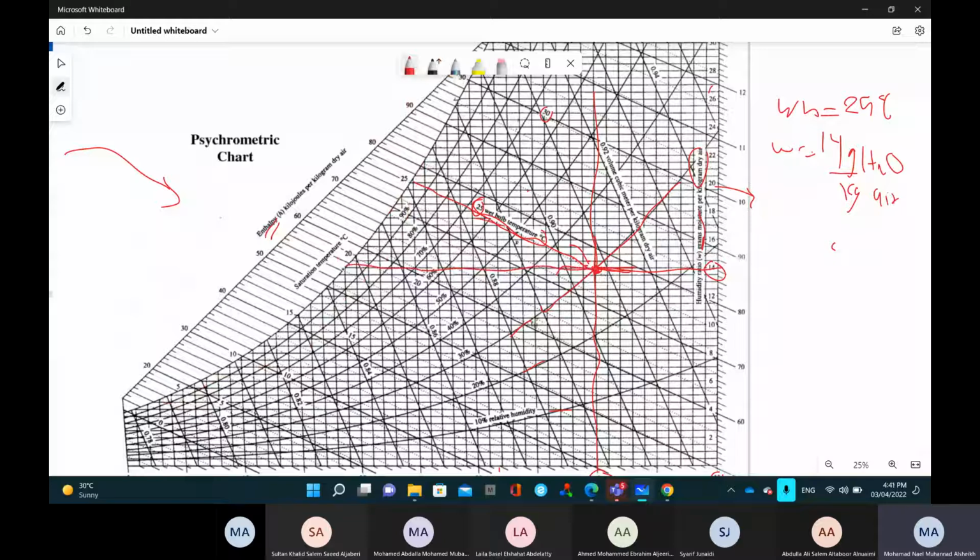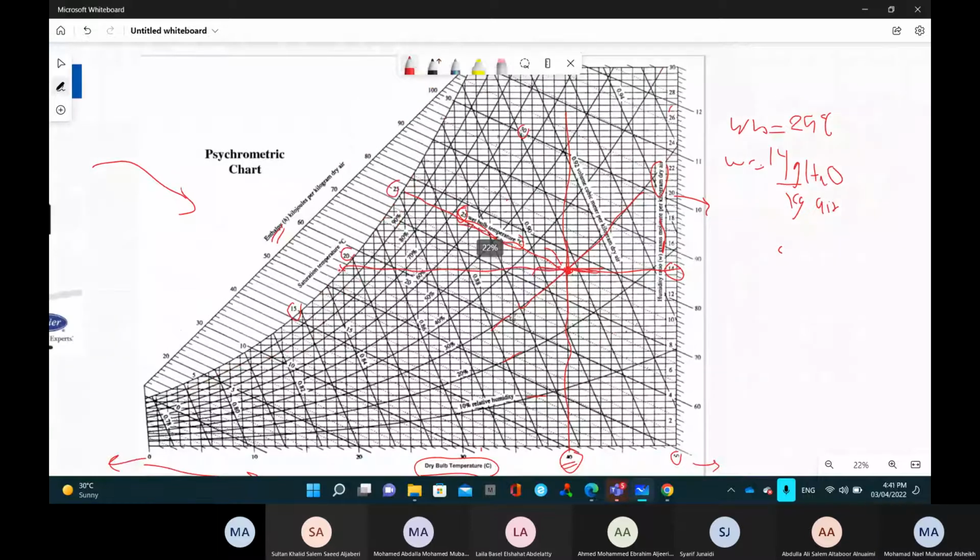And how do we read this value when we stop here on this line? We can see that they vary from 15 to 20 to 25. So we have to divide this area in between into 5 equal portions, or a quicker way is to draw a line directly down and see where it will intersect this line.